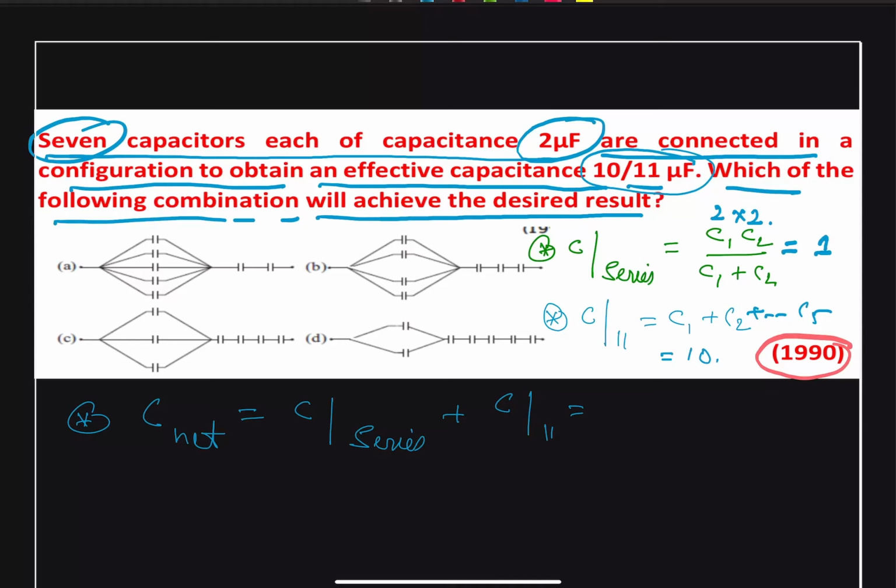Sorry, my mistake, this can be written as C series multiplied by C parallel divided by C series plus C parallel.